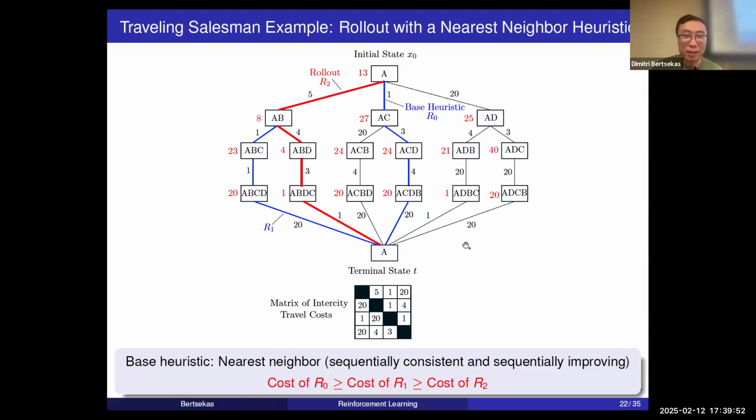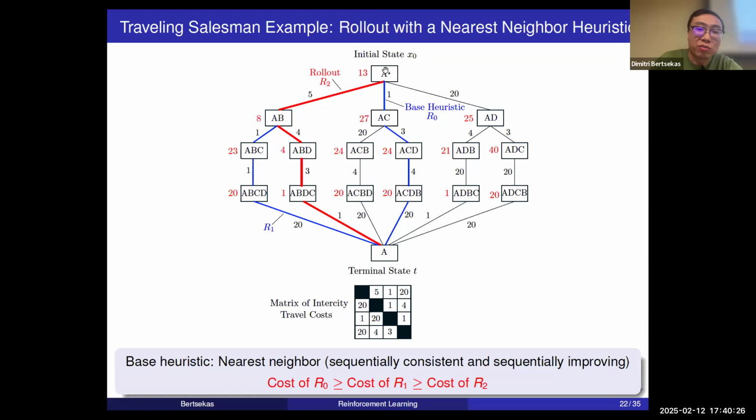Okay. Let us now look at the traveling salesman example that you have been dealing with for a while. So again, we look at this traveling salesman example where the matrix of intercity travel costs is listed here, and evidently it's not symmetric, which means the distance traveling from one city to the other is not the same as the reverse traveling distance.